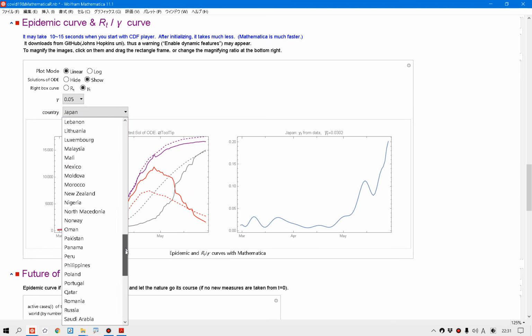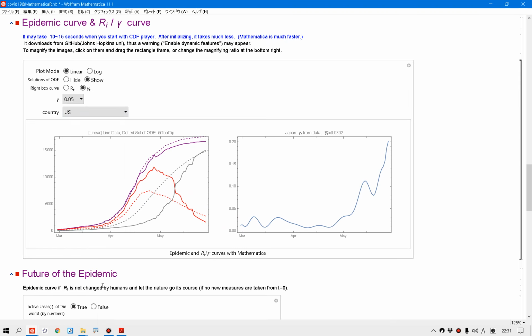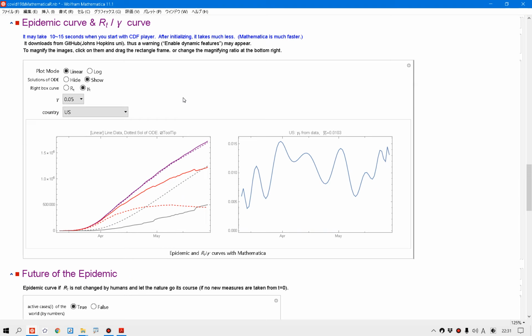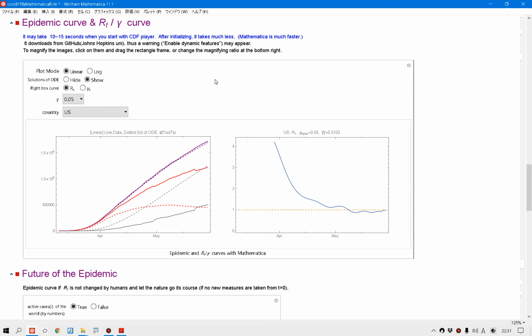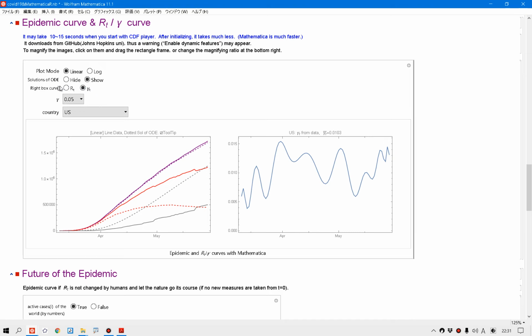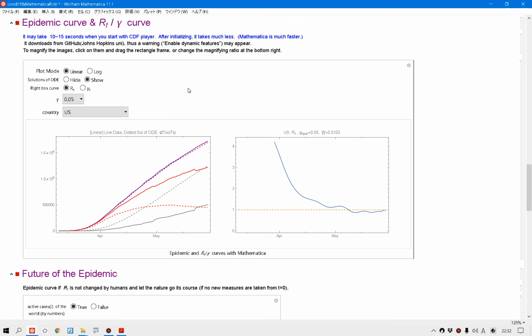First, we're going to start from the United States. Gamma t is fine for the United States. It's almost constant. This is RT.